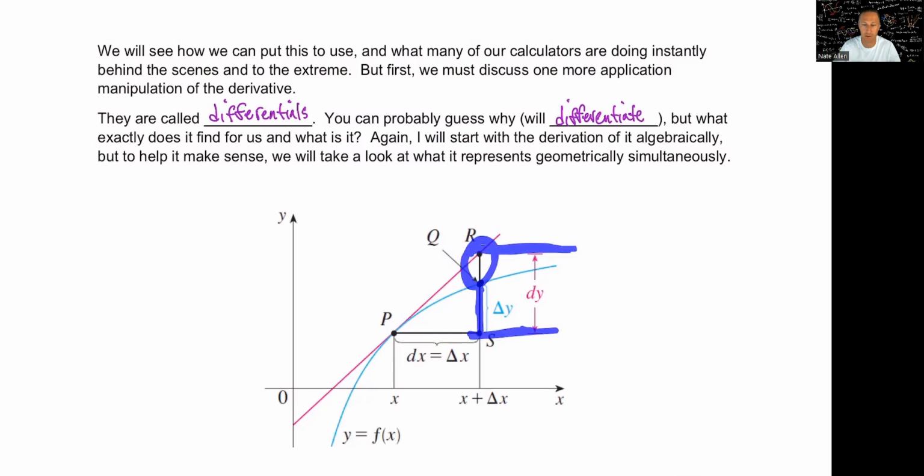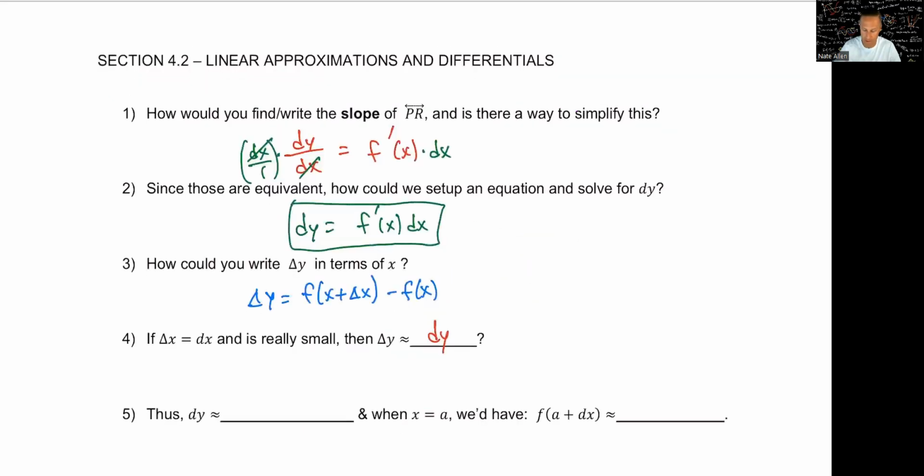It's just that tiny little gap. So we are going to say that they are approximately the same. And therefore, we know that dy is approximately this then. And when we have our x equaling an a, that would mean we can replace all the x's with a's and get f of a plus our dy.